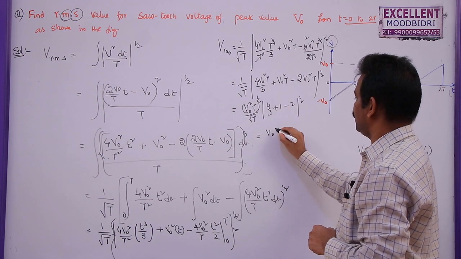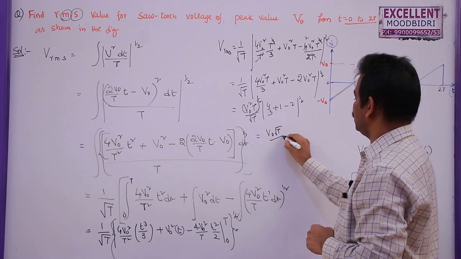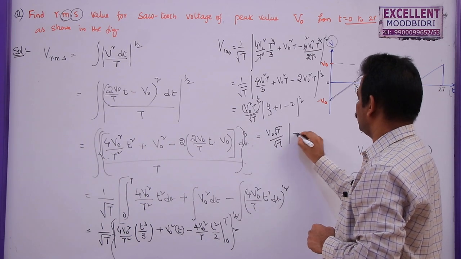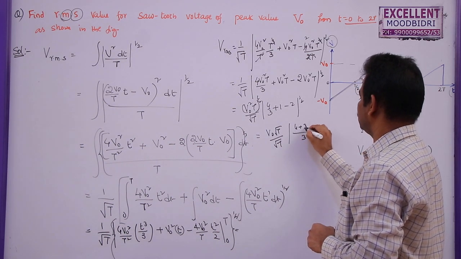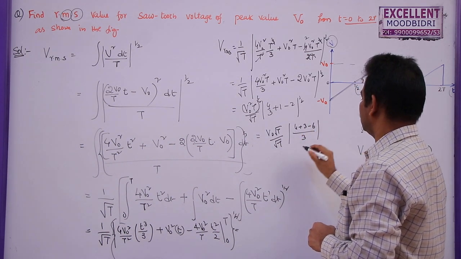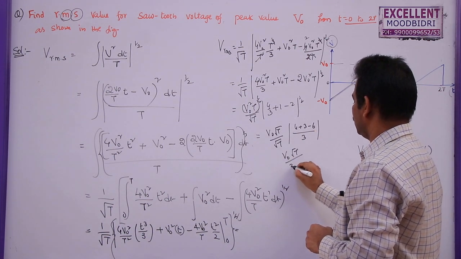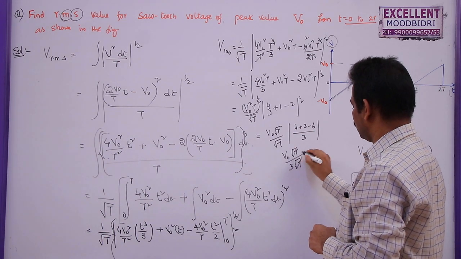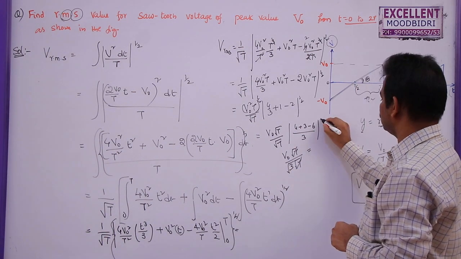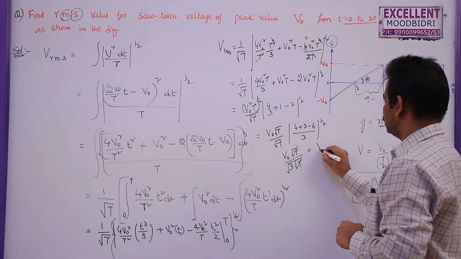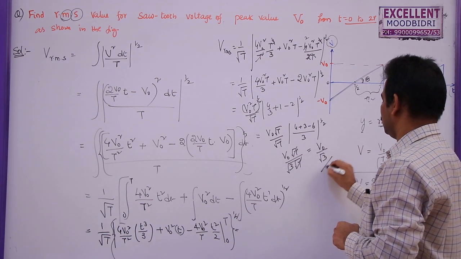This will become v naught square root t by root t into, if you take LCM, 4 plus 3 minus 6, 7 minus 1 by 3. So v naught root t by 3 root t, this root t gets cancelled. 3 is also under 1 by 2 power. So this is v naught by root 3.